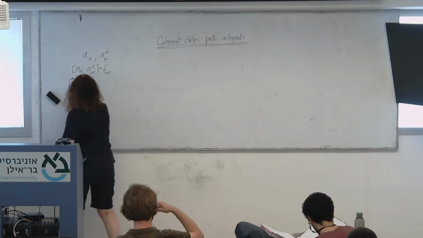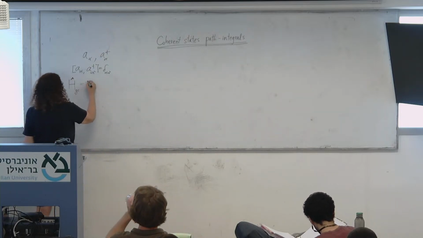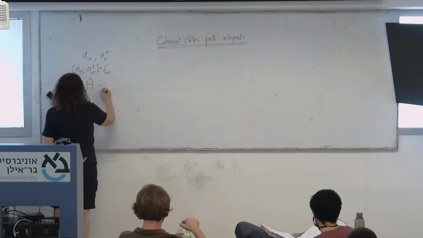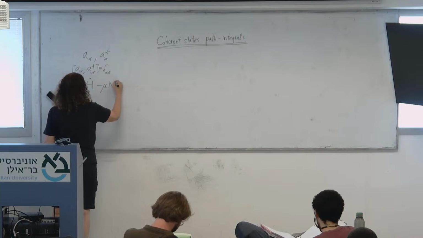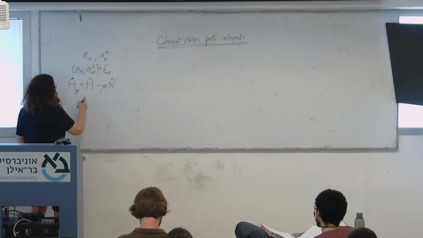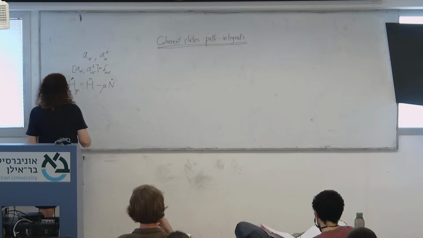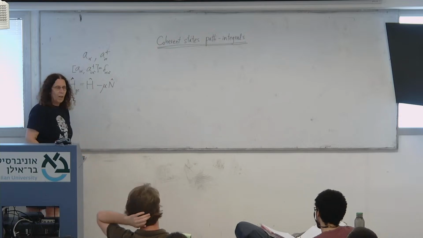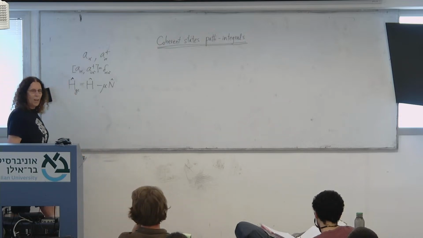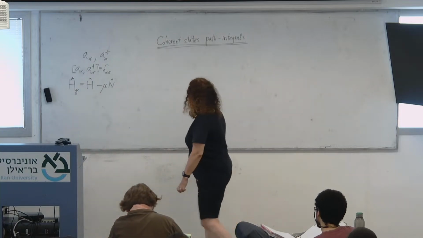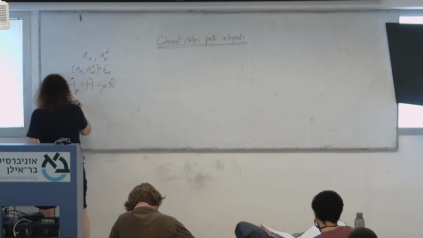And we define the grand canonical Hamiltonian to be a Hamiltonian h minus mu times n, where n is the total number operator and h is the Hamiltonian that is written in terms of the A's and A daggers, and it is written in a normal ordered form.